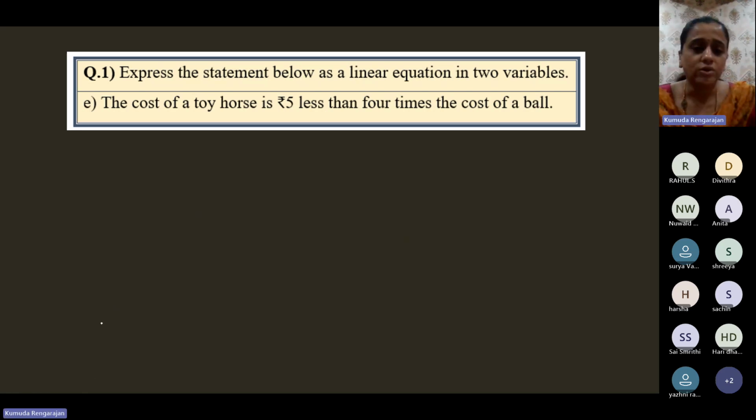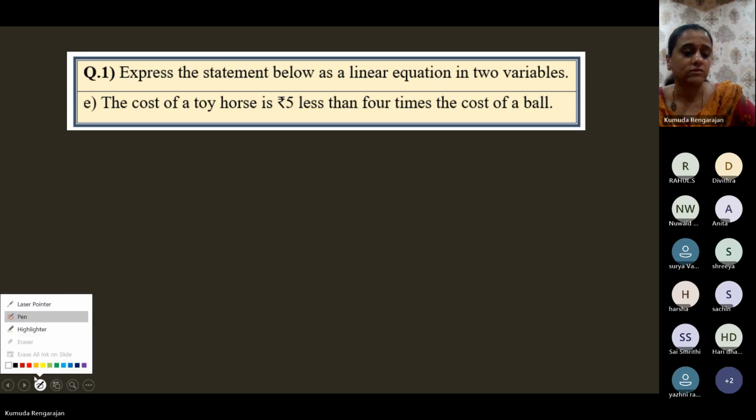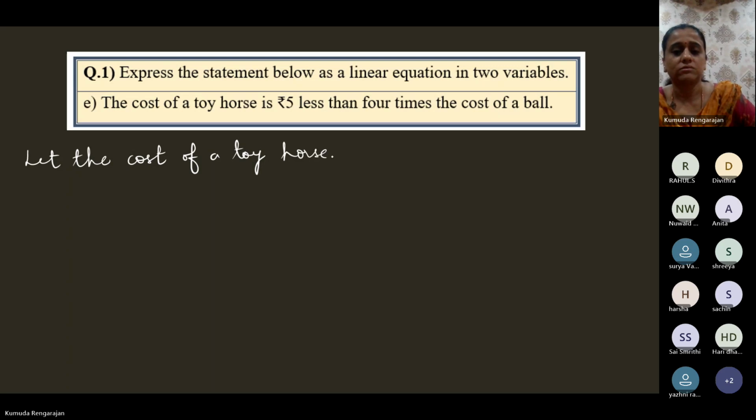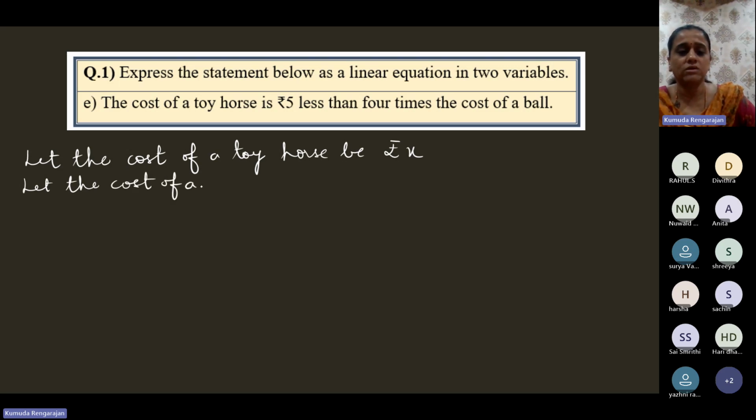The cost of a toy horse is ₹5 less than 4 times the cost of a ball. So let the cost of a toy horse be ₹X, and let the cost of a ball be ₹Y.